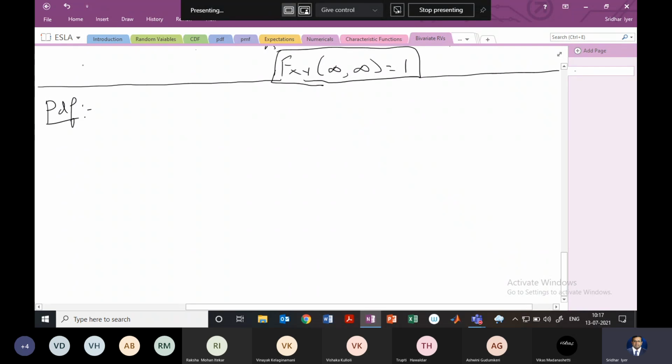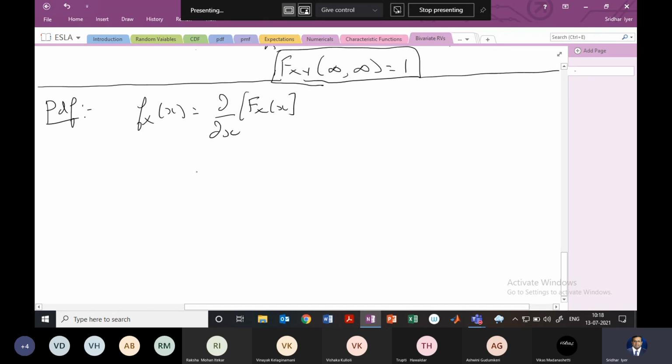So how do we define the PDF? It is nothing but the derivative of the CDF, right? If you recollect, if we have to find f_X(x), it is d by dx of F_X(x). So the PDF is the derivative of the CDF.